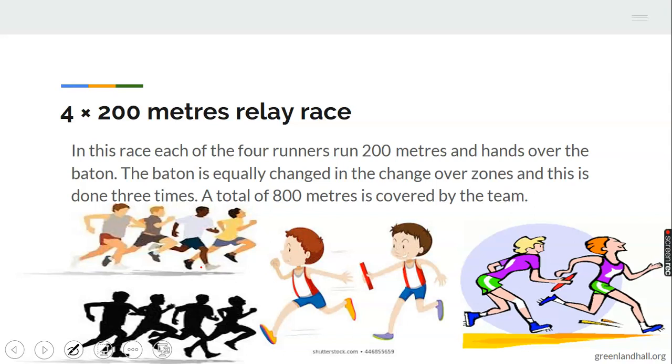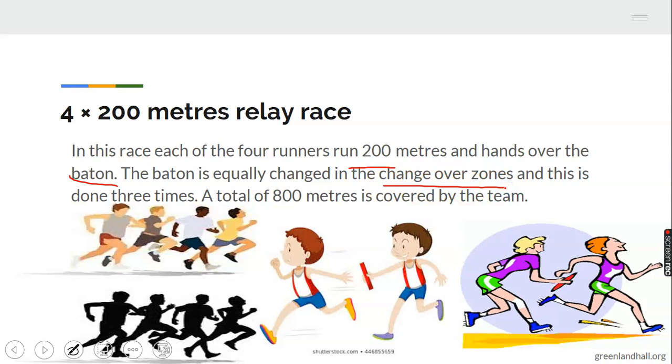That's one. We have 4 by 100, and now we are looking at the 4 by 200 meter race. In this race also, we have four runners and each runs 200 meters. And they also hand over the baton. This baton is very important. You need to hand it over. The baton is exchanged where? At the changeover zone.